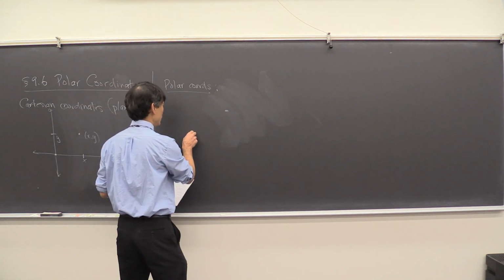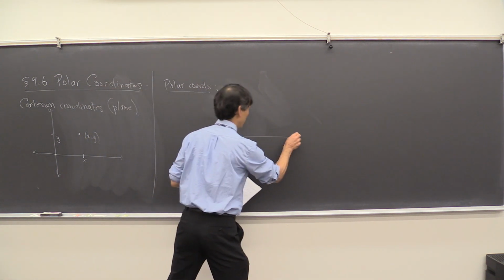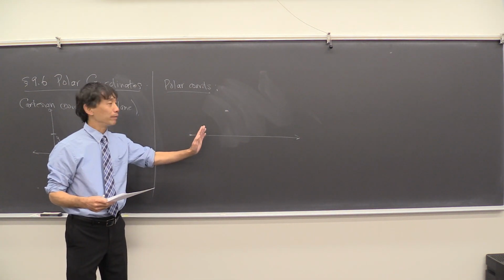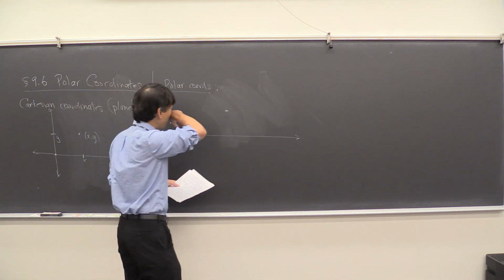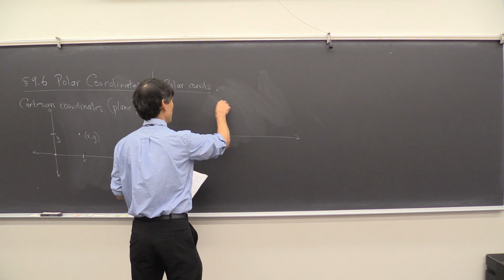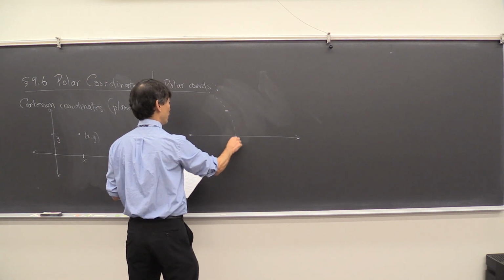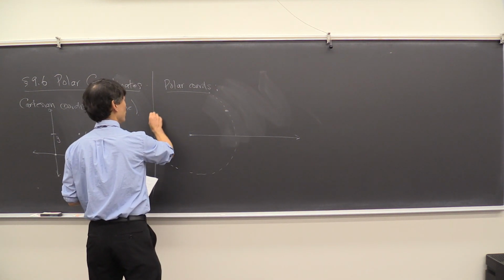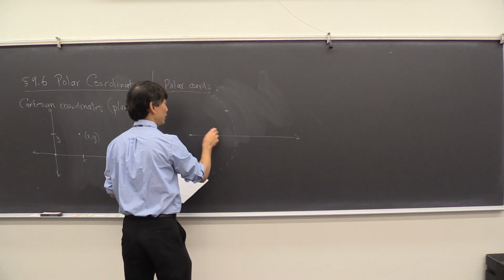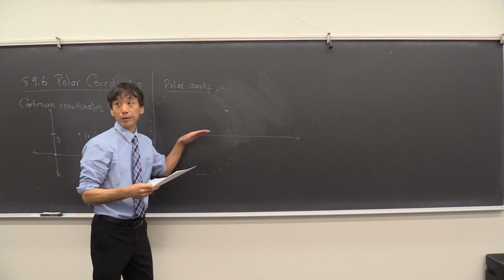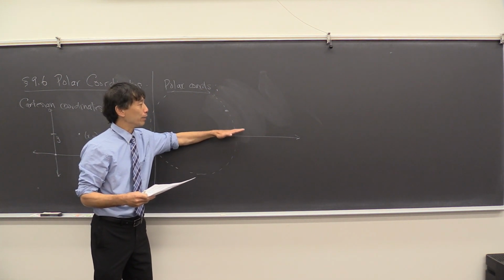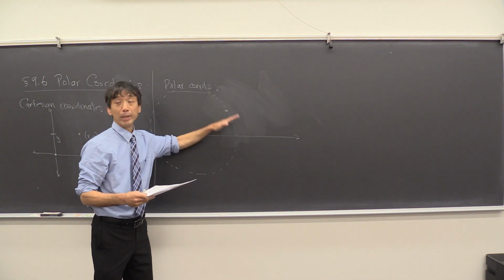Okay, and then you choose a ray emanating from that point. And the way you describe this point is you make a circle go like this, and you count this ray as the zero angle. And then going counterclockwise, you measure the angle from there.